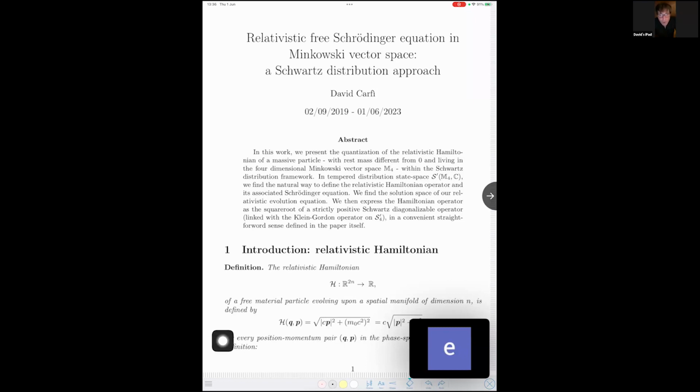As you will see, in the space of temporal distributions, we can handle this function very simply, and we can finally define the operator corresponding to this function, to Einstein's Hamiltonian of a relativistic particle. And moreover, our operators will be linear and continuous operators.